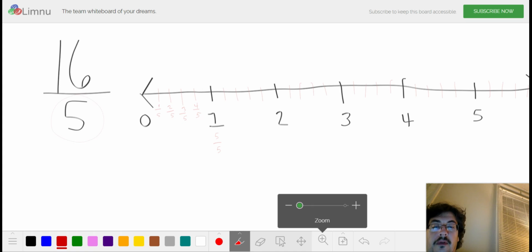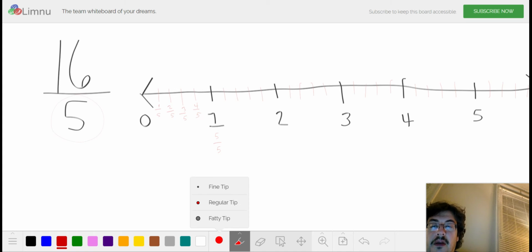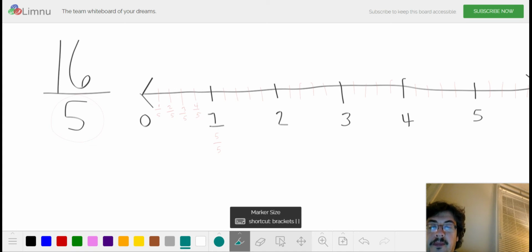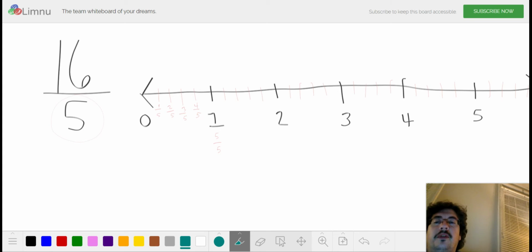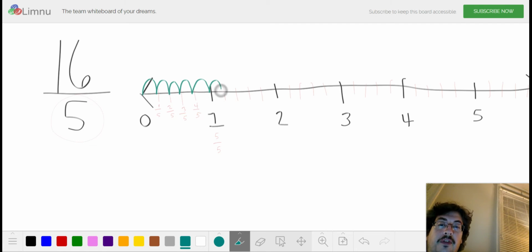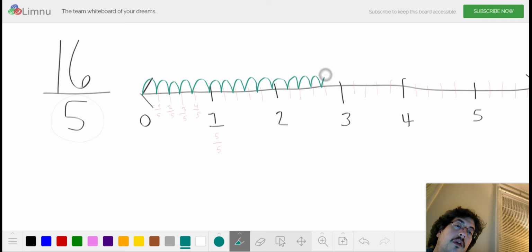So let's zoom out again, and this time let's count 16 fifths and see where we end up. So I'm going to start out with a 0. And I got 1, 2, 3, 4, 5, 6, 7, 8, 9, 10 fifths, 11, 12, 13, 14, 15, 16.